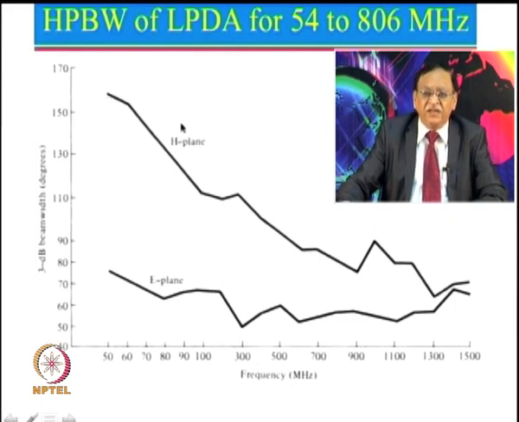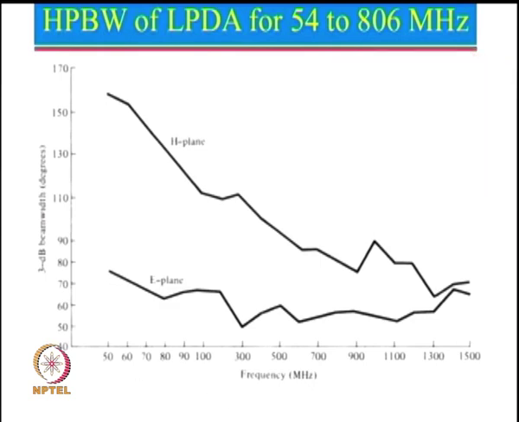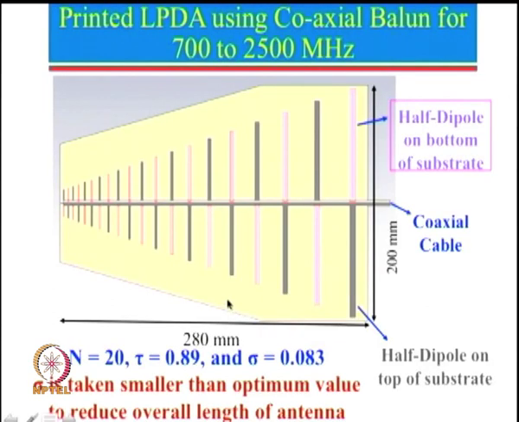I had mentioned that for H plane the dipoles are radiating in omni fashion, which will have a broader beam width. For E plane the dipoles radiate in a directional manner, and that is why the half power beam width is smaller. So, now let us just look at another design example.